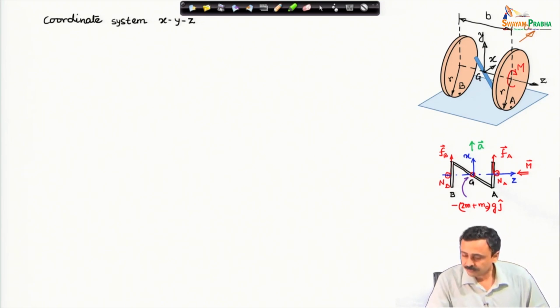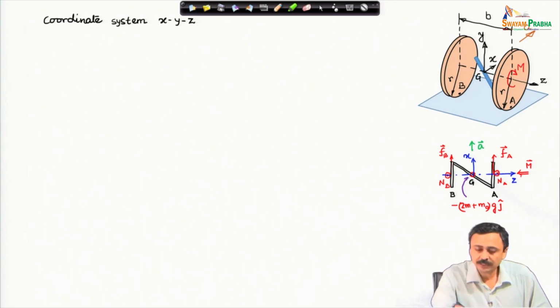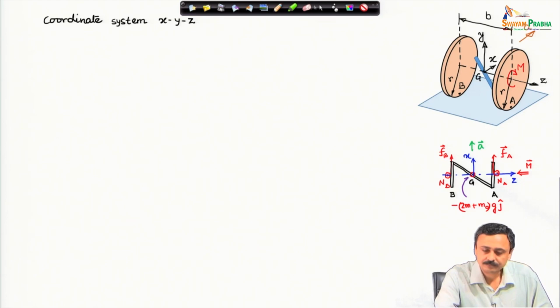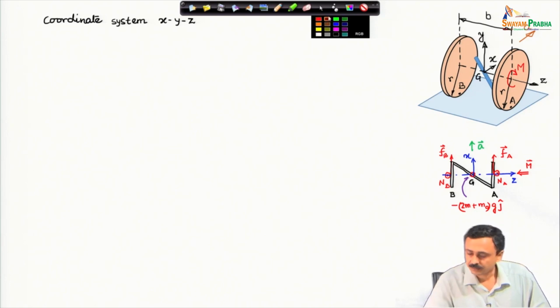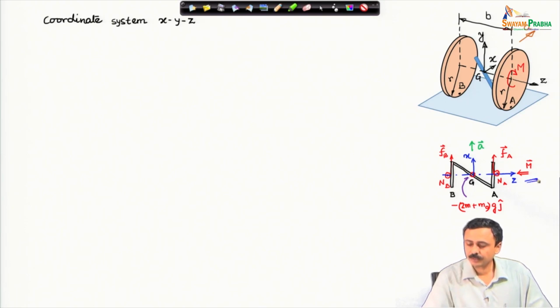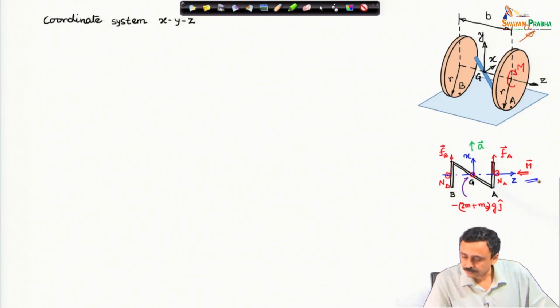We have the applied moment, shown here. It is in the negative z direction.